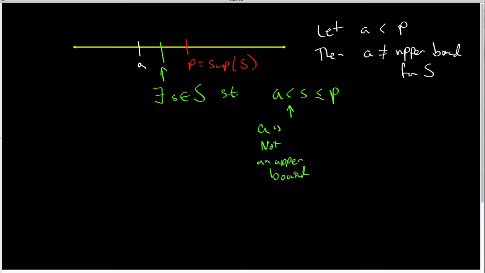If A were an upper bound, then P would not be the least upper bound. And this inequality here is because P is an upper bound. And we know that A is not an upper bound because P is the smallest of all of our upper bounds.